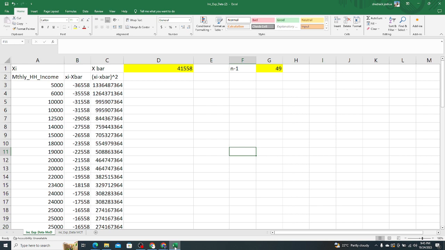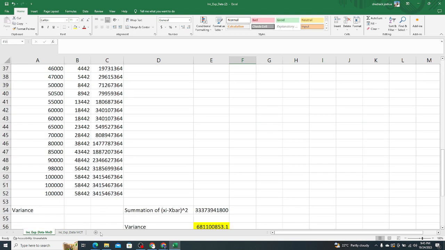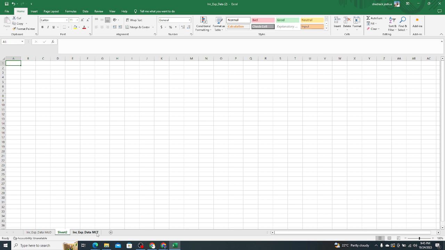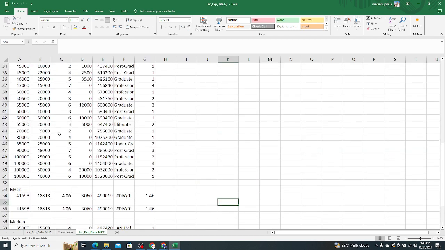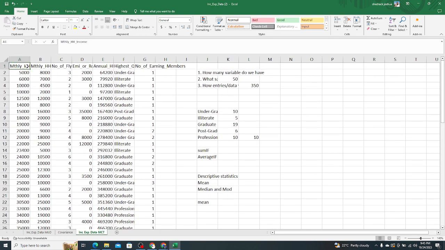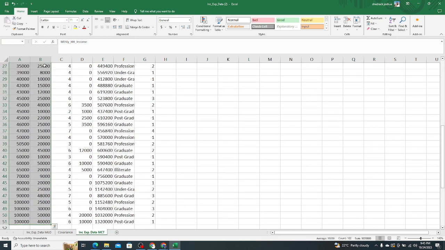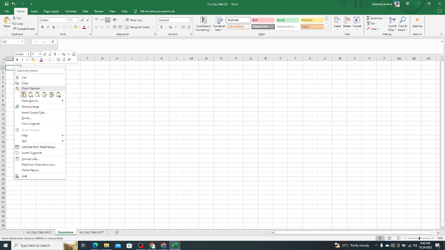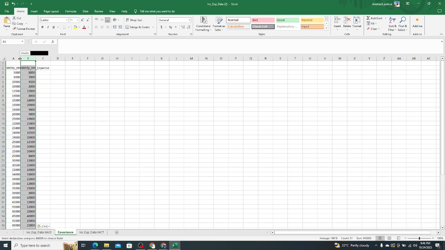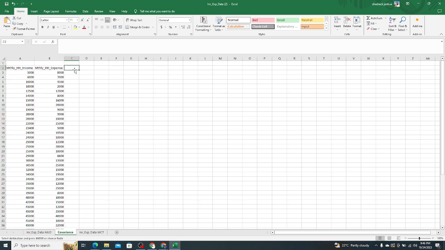Okay, good. So I'm going to now move to the covariance part. For our covariance, I want us to check if we have any relationship, or what kind of relationship do we have between income and our expenditure?